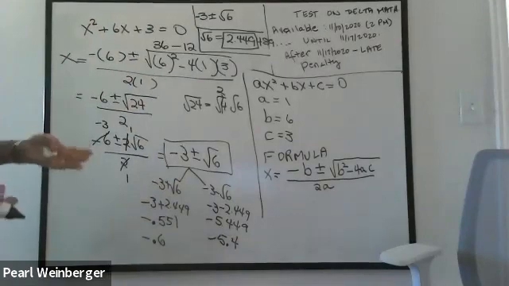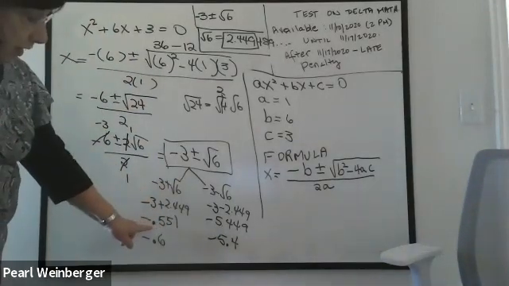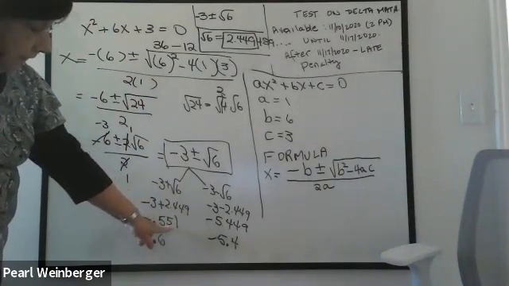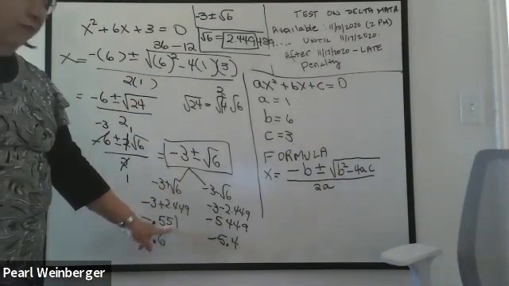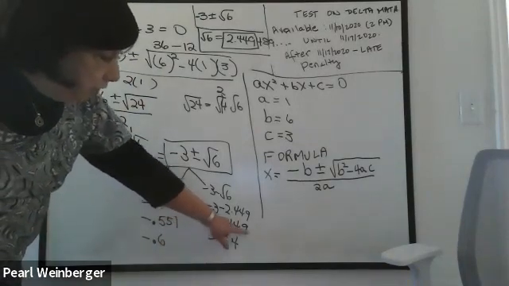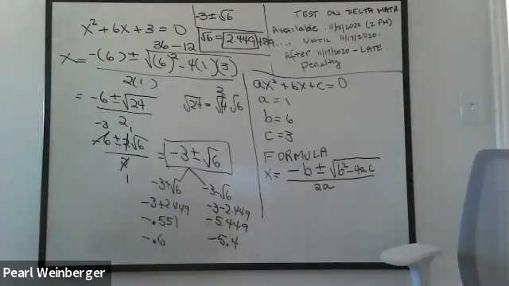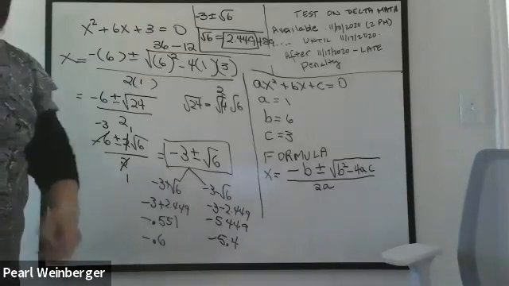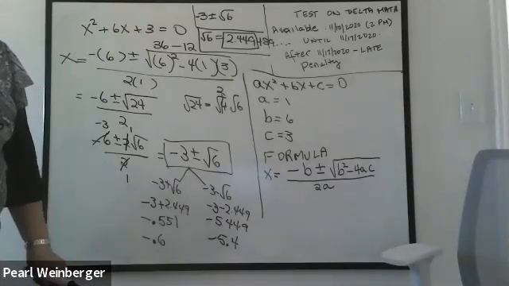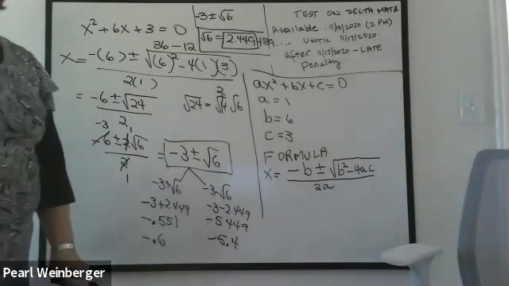If they ask for the nearest 100th, then you go to 2 decimal places. In other words, you'd have -0.55 and -5.45. So you can get your answers in decimal form as well. But of course, you need a calculator for this. If you haven't gotten a calculator yet, you better get one now.